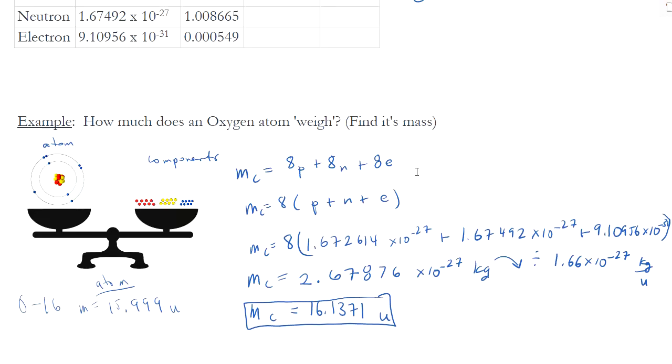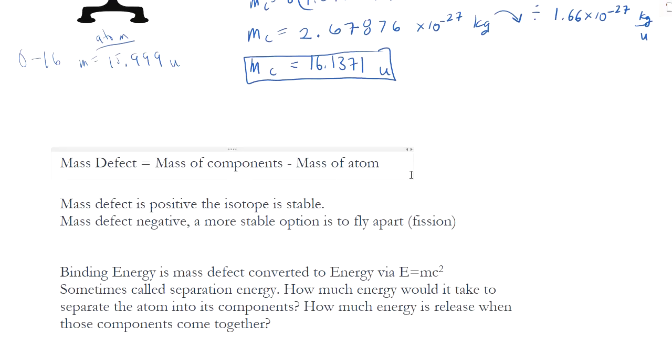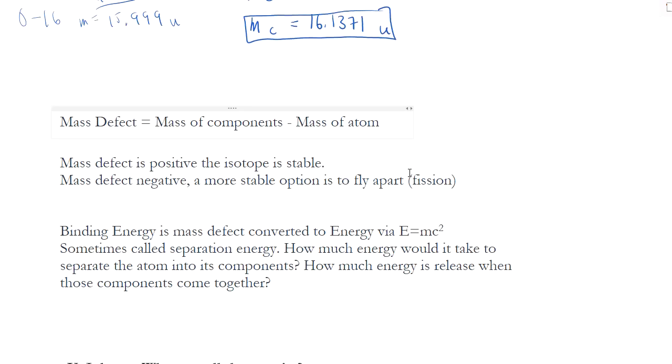We have what's called a mass defect here. Mass defect is the mass of the components, in this case 16.1371, minus the mass of the atom as looked up on the periodic table, 15.999. That's 0.138 units.